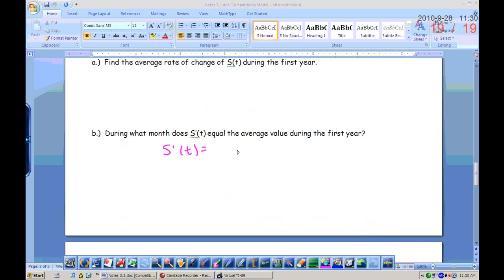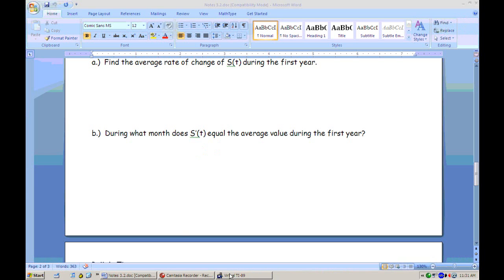Good. S prime of t equals 64.286. Now, I didn't find the 64.286 on my calculator, so you're going to have to use that exact value on your calculator.